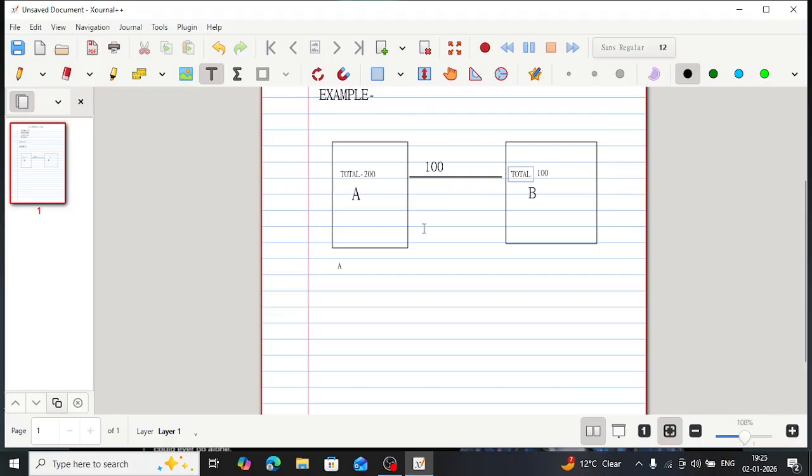This is the first account of person A, this is the second account of person B. This is the big picture. When a transaction is transferred to the second account of person B, what happens in between this process?